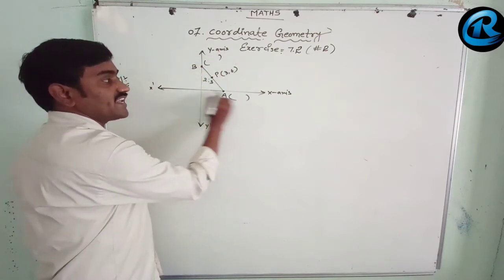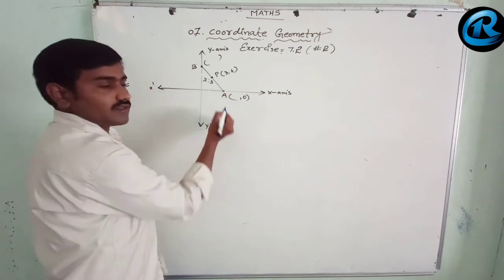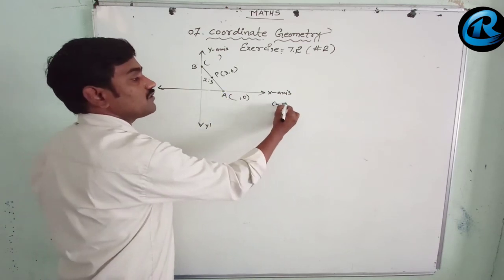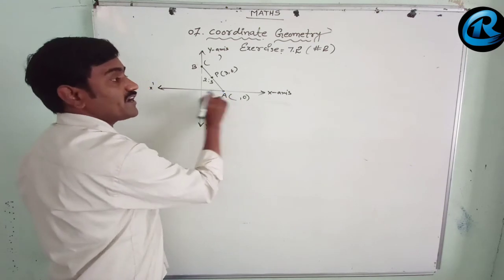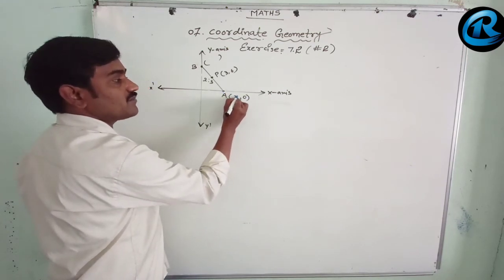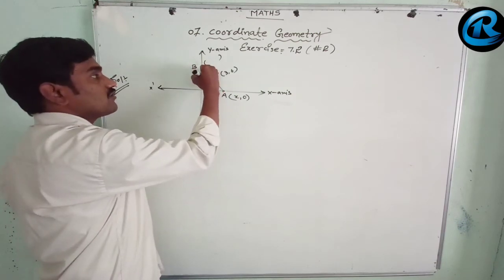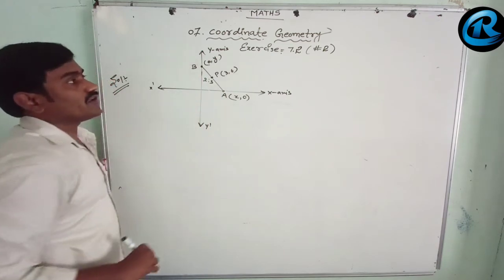This point is on the x axis, so y equals 0. Suppose (2, 0), (3, 0), (4, 0). That means if a point is on the x axis, y equals 0, so there will be only an x value. The point B is on the y axis, so x equals 0 and there will be only y.